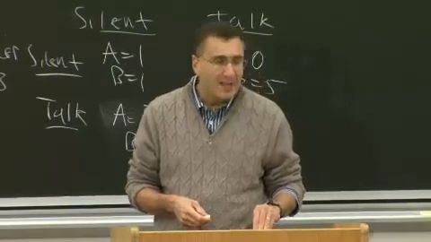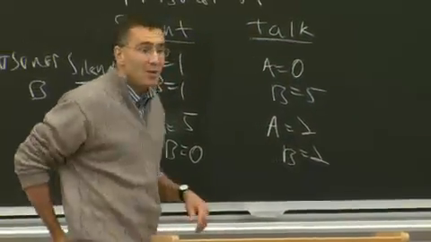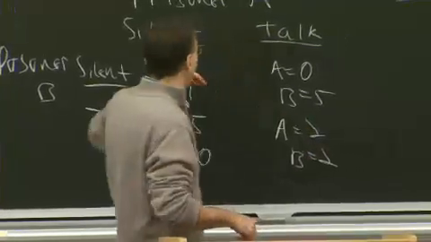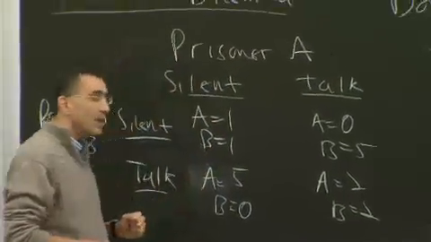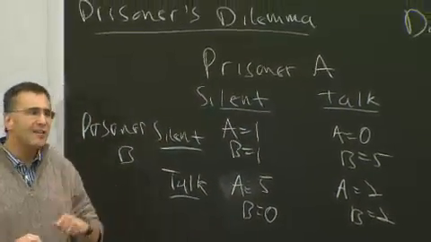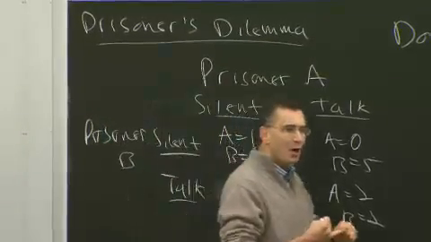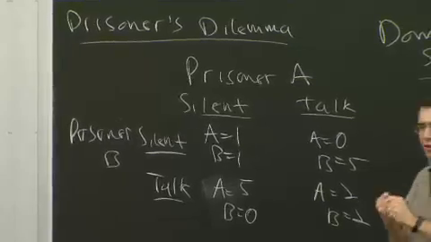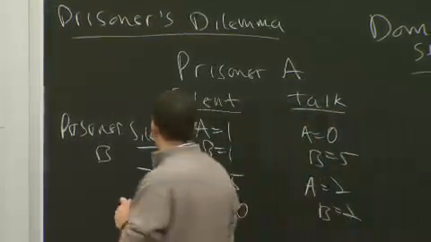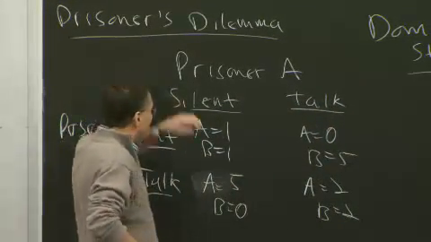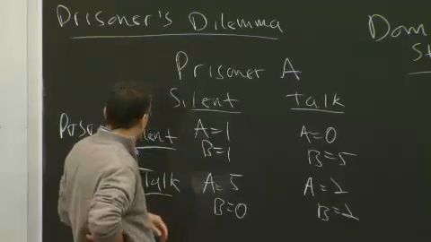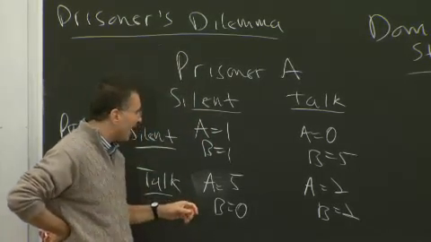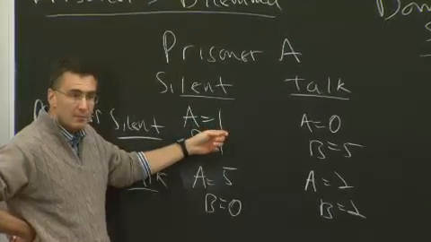Okay? So let's think about it. To find the dominant strategy, we run through, take prisoner A, and ask the following. Is there a strategy that makes A better off regardless of what B does? Let's go through. If A remains silent, if B remains silent, he gets a year.